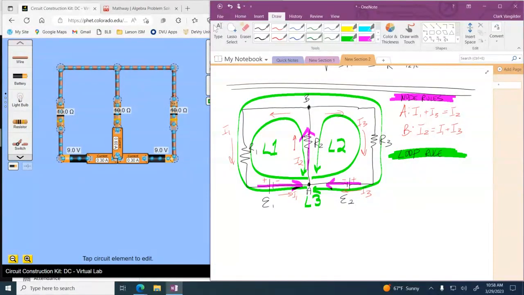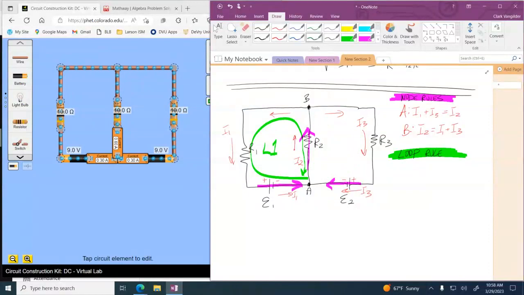So loop 1, in fact, I'm going to remove that just so that there's less to look at as we go. So my loop 1 equation. Okay, so what am I going to have? The first thing I go through is the battery. And notice I'm going from plus to minus.